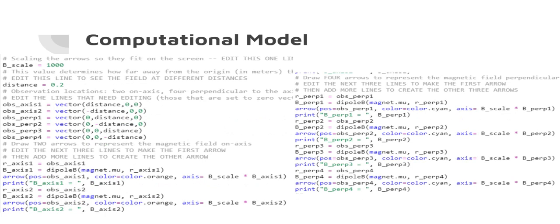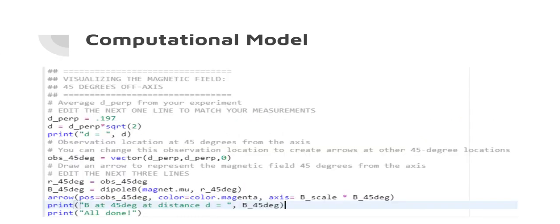For this bit of code, we set an arrow scale and a distance that we want to observe at, and then we find the observation locations based on that distance and visualize arrows going in on-axis magnetic fields, and then, of course, perpendicular magnetic fields.